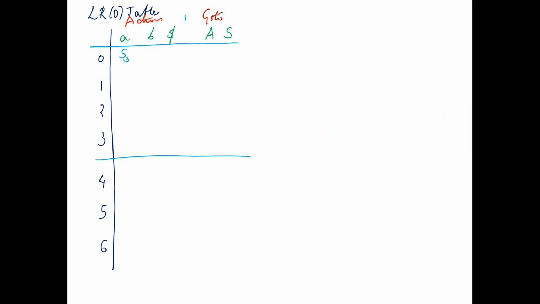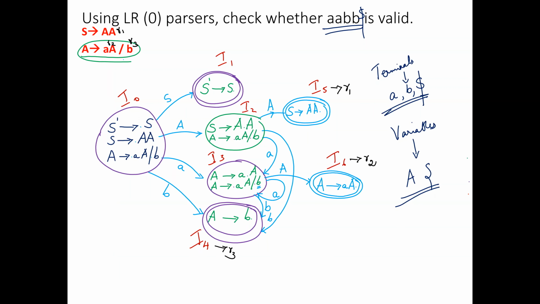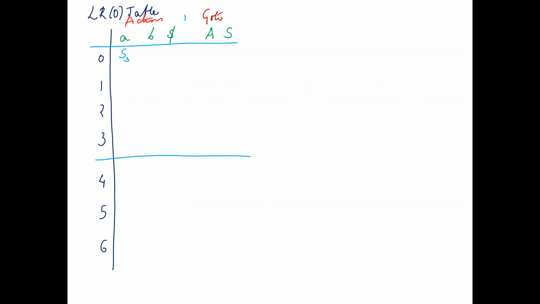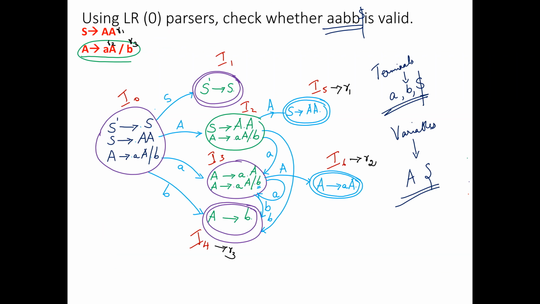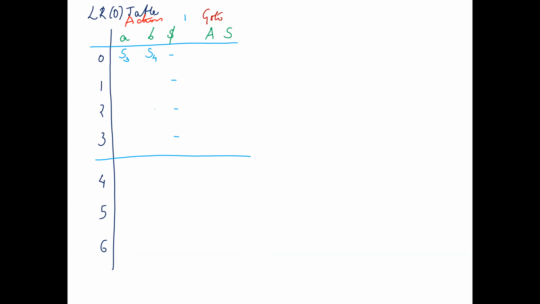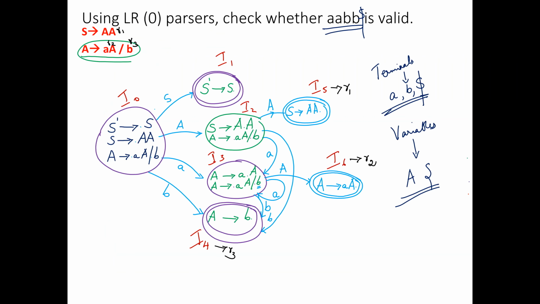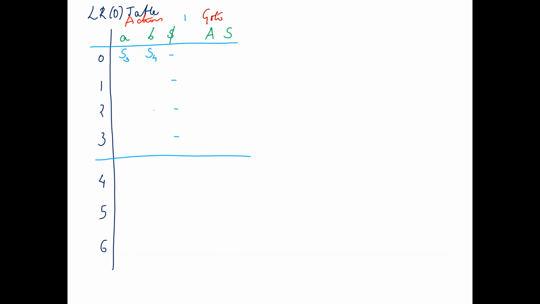0 through small b. Let me check my diagram. 0 through small b, I am reaching 4. So I write S4. Okay. Dollar, everything would be a dash, dash, dash, and a dash. Now let's see. 1 through small a, you don't reach anywhere. 1 through small b, 1 is the final state, so you don't travel anywhere from there.